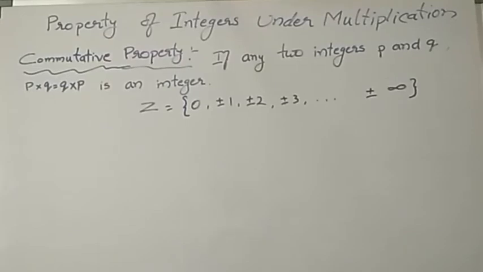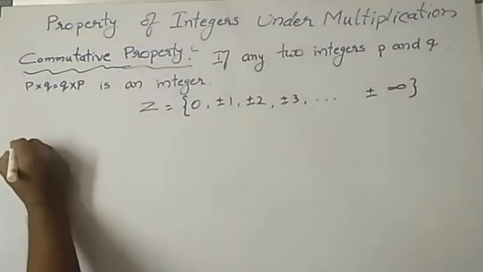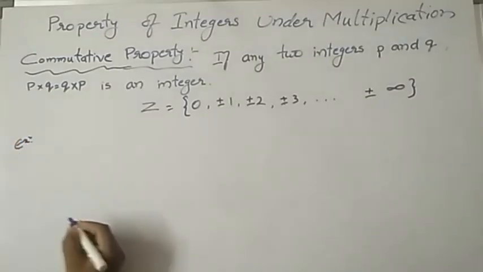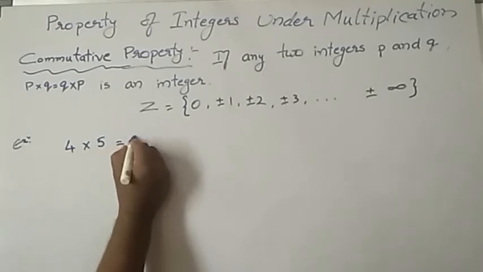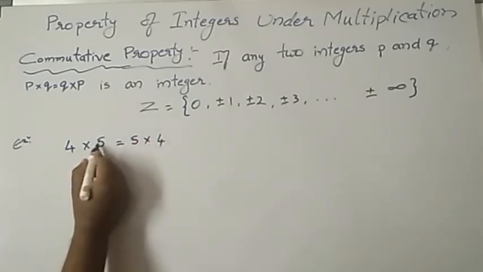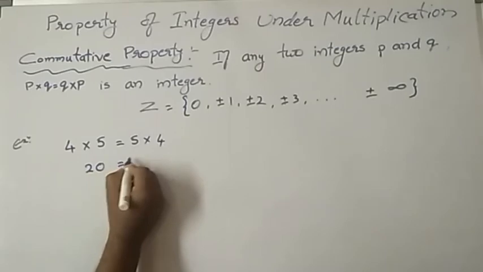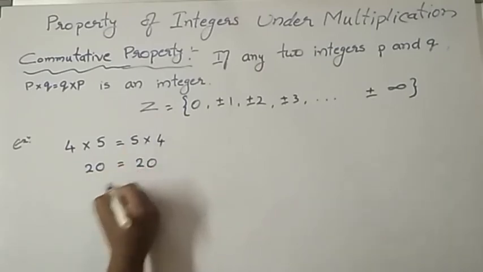The next property is the commutative property. For any two integers p and q, p into q equals q into p, meaning here they are changing the order. Once we will check it. 4 into 5, 5 into 4. 4 fives are 20 only. 5 fours are 20.